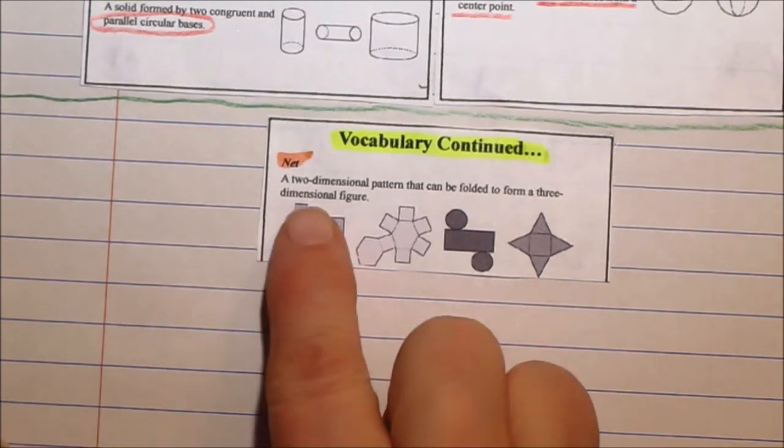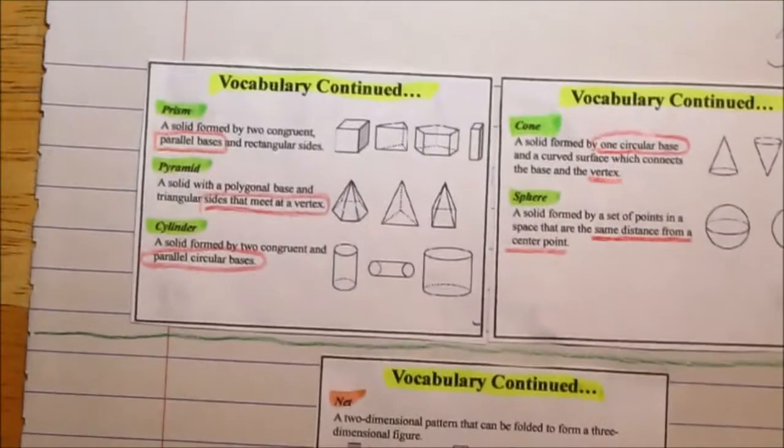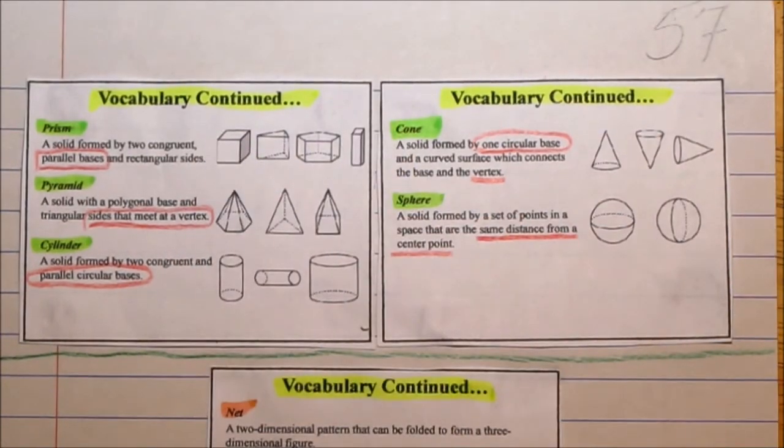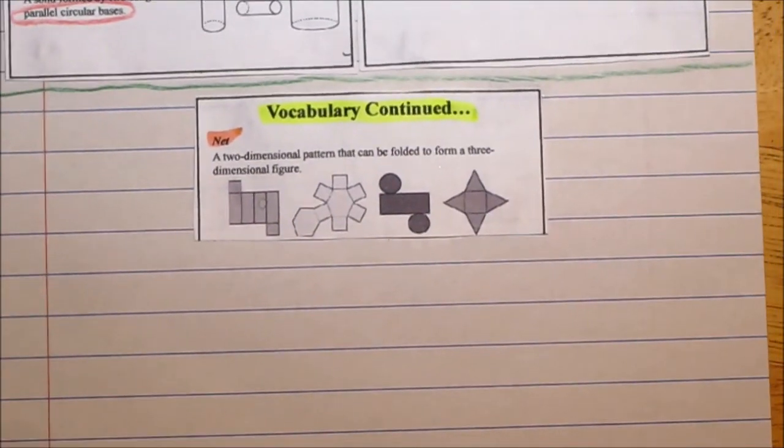A net is a two-dimensional pattern that can be folded up to form a three-dimensional figure. So basically, if I looked at any of these three-dimensional figures, these solids, and I unfolded them into a flat piece of paper, what would they look like? And so that's where your imagination starts to come in, trying to imagine how you would do that.